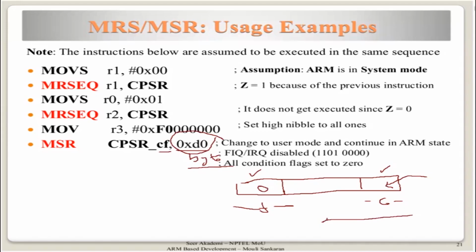This constant is read as a 32-bit value, and then it uses the lower byte value to copy into the C bit. Though you have mentioned CF or FC, it doesn't matter, because you are interested in changing these two fields of the CPSR. So it does modify whichever, this is the lower byte, so it changes the mode bits first, and then it fills only the top CZNV flags. The four flags are set, cleared to 0. That is what happens with this instruction.